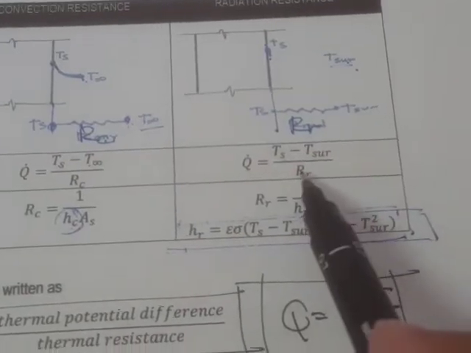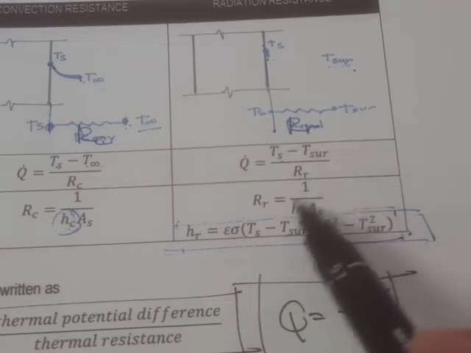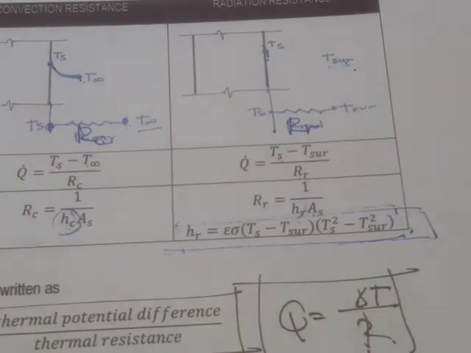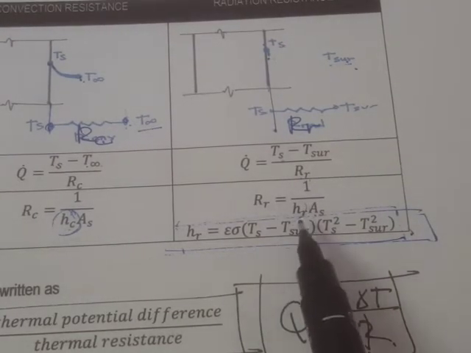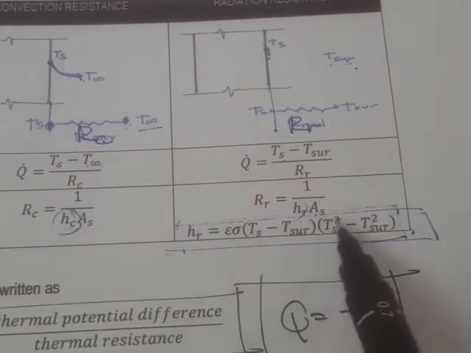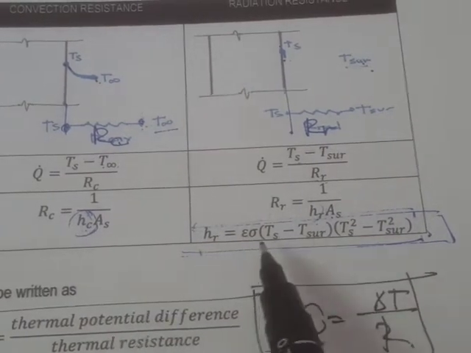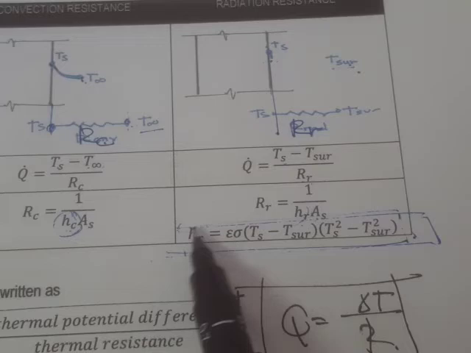The resistance R sub R is simply expressed as 1 over H sub R times A sub S, where H sub R is the heat transfer coefficient for radiation. It is something like H sub C, except that this one is for radiation. And of course, the expression is given right here.